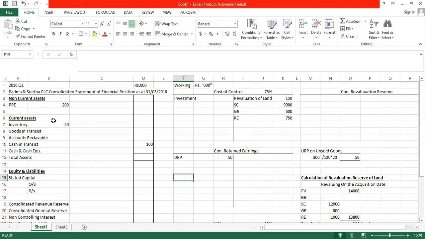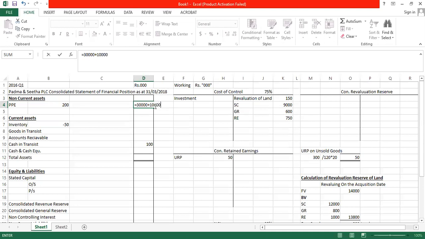It's the net value that is given. Actually there is an adjustment, right? You have to add this adjustment when you are getting the summation. So let's see what the summation is here. 30,000 from Padma PLC plus 10,000 from Sita PLC.